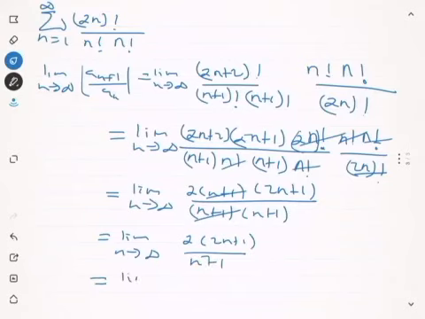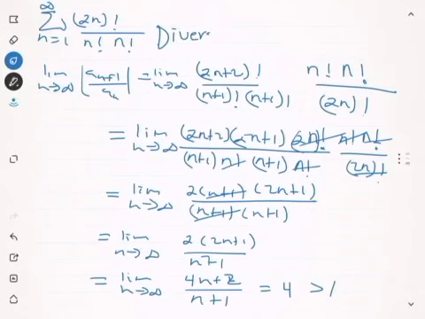This is the limit as n approaches infinity of 4n plus 2 divided by n plus 1, and this limit is equal to 4. So because this is bigger than 1, this diverges by the ratio test.